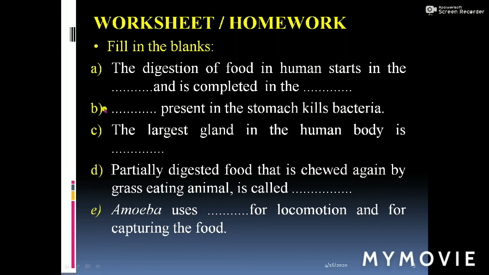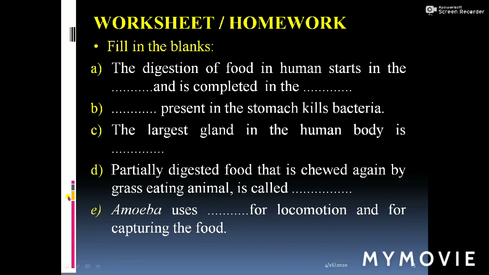First question: the digestion of food in humans starts in the dash and is completed in the dash. So you have to find the answers as I explained. Second question: dash present in the stomach kills bacteria. So what is the answer?